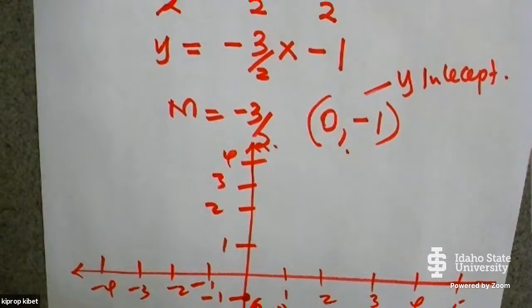Now we go how many steps? Down 3. So 3 steps down, right? 1, 2, 3. Then we go how many steps to the right? 2 steps. 1, 2. So our point here would be 2 and -4.